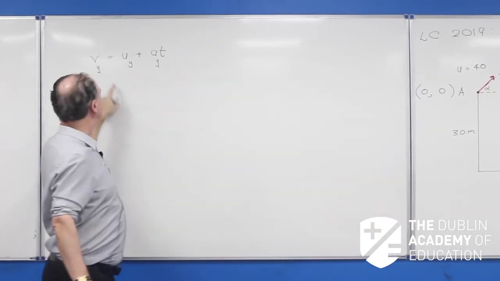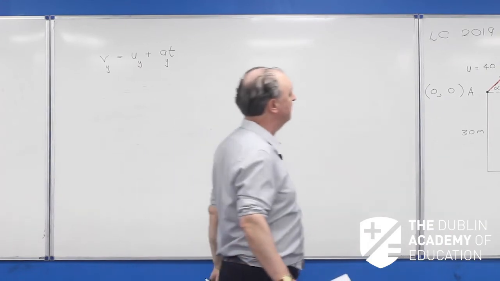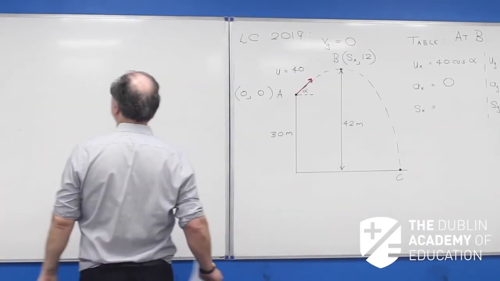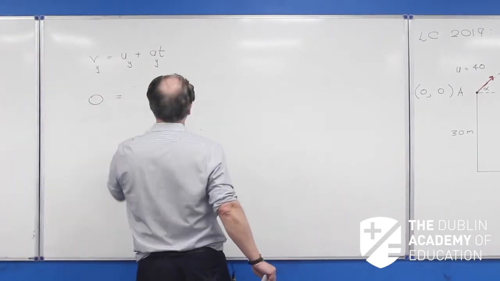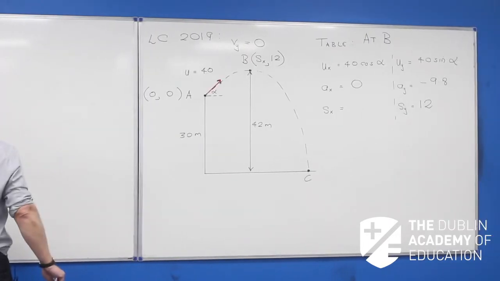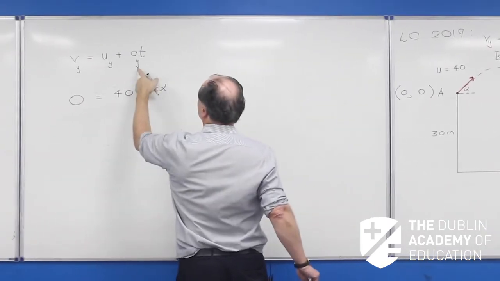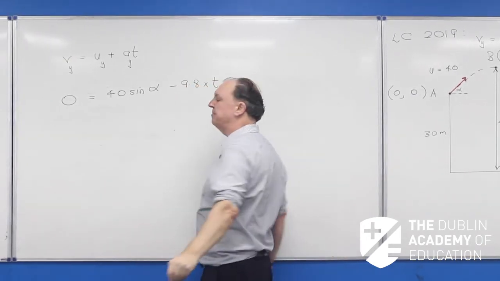Here's my V equation: V is equal to U plus AT in the Y direction. So let's fill in the numbers. When I'm at B, I know that Vy is equal to 0. Uy is 40 sine alpha. Ay is minus 9.8, multiplied by t.